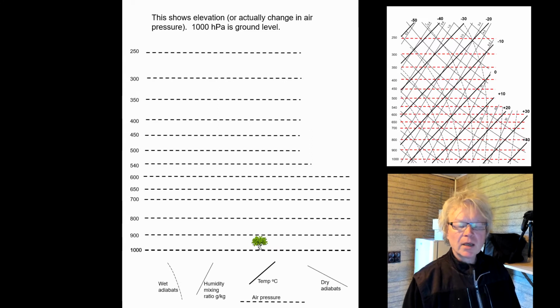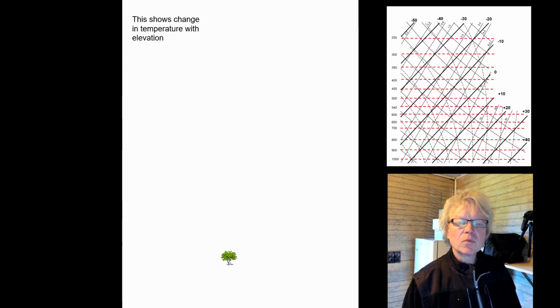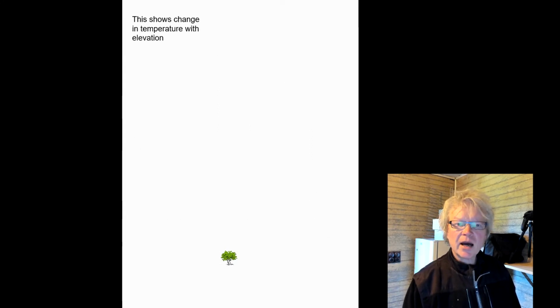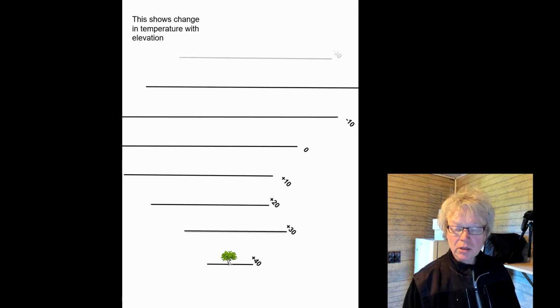Okay, so they're the first lines that we see on the diagram. Quite simple. The next line we're going to have a look at is how temperature changes with elevation. As we have learnt, temperature changes with elevation, certainly in the troposphere. And as I've said before, on the whole, and we'll have a look at the real aerological diagram and see where it doesn't quite always fit, on the whole, temperature decreases with elevation.